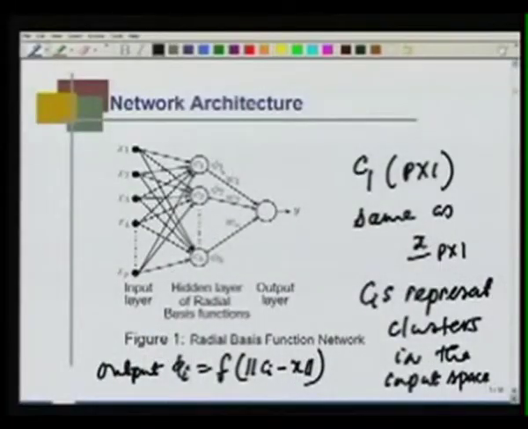We compute these phi i's. The Ci's are known as radial centers. They represent small clusters in the input space, and then the output y is simply the summation of phi i wi, i equal to 1 to h. So, this is the structure of a radial basis function network.